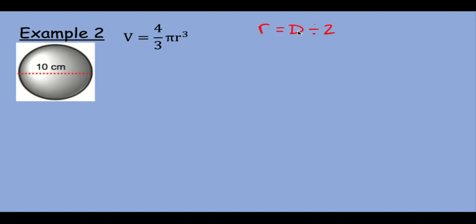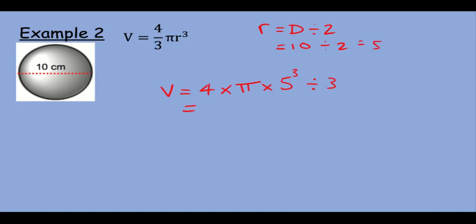So the diameter is twice the size of the radius. So we've got 10 divided by 2, which is 5. So again, let's just write out the formula with the correct values in. So we've got 4 times pi times 5 cubed divided by 3.